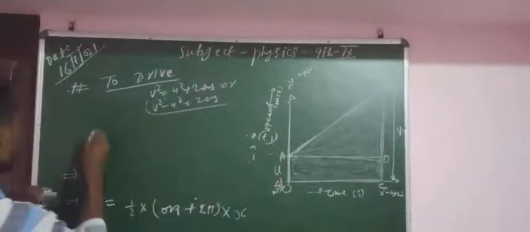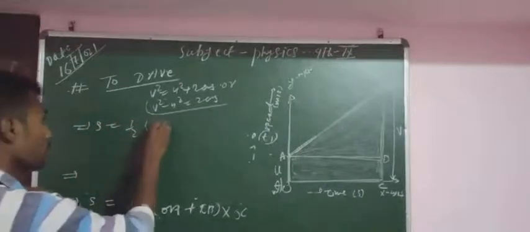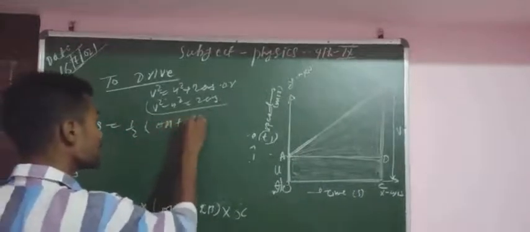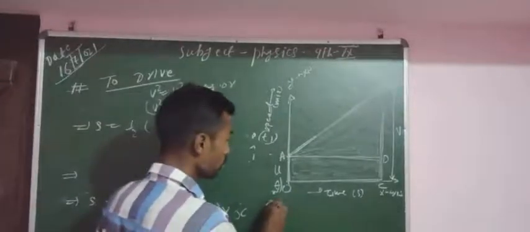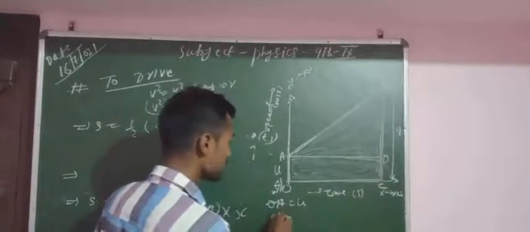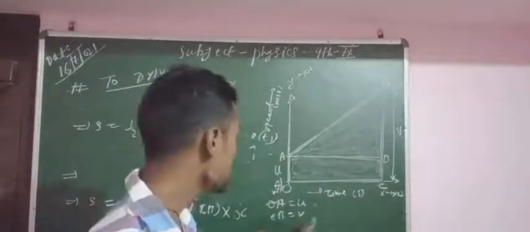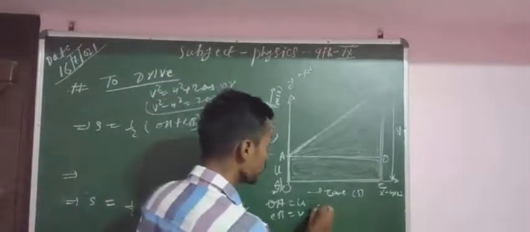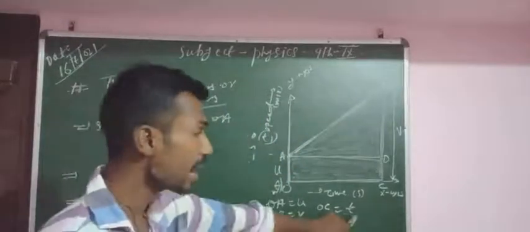Look at this: s equals half into OA plus CB into OC. Look at this figure. OA equals u, and CB equals v, where v is the final velocity of the body, and OC equals time, that is t.